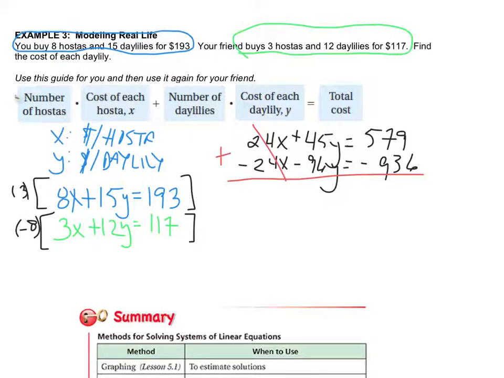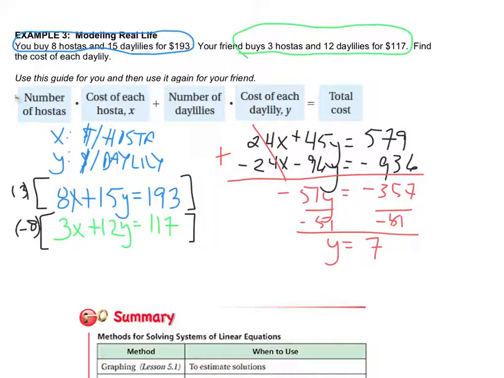So then when I add, I get negative 51y's. And on the opposite side, I get negative 357. I would finish this equation here by dividing by negative 51, and that gives me y equals 7.